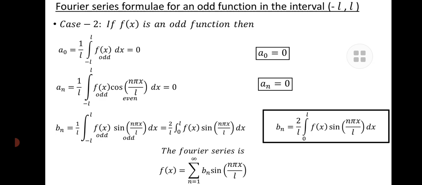As we know the coefficient terms of the Fourier series, a0 is equal to 0, a n is equal to 0, and b n is equal to 2 divided by L integral 0 to L f of x sin n pi x divided by L dx. Substituting these values in the Fourier series, the series is f of x equal to summation n equal to 1 to infinity b n sin n pi x divided by L.